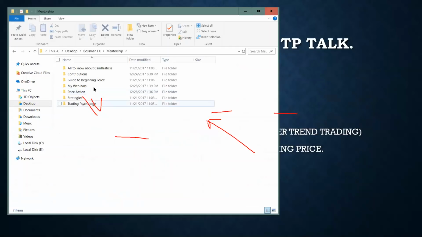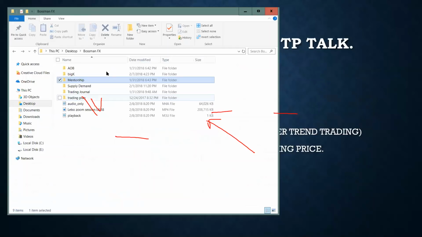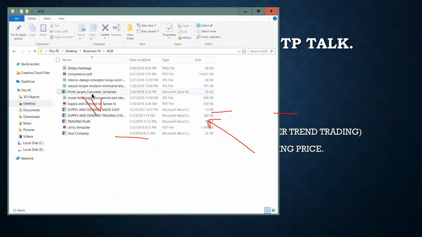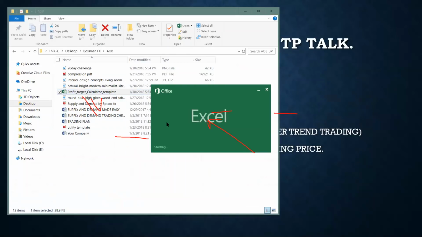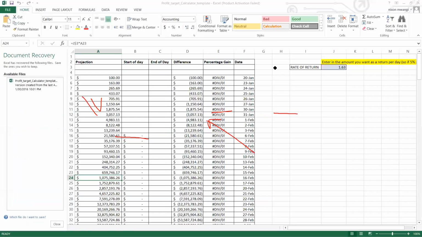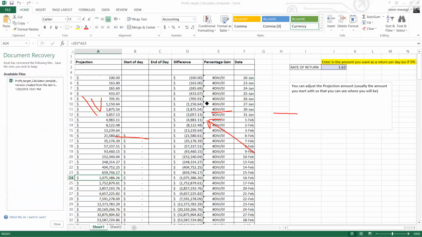I think it's here. Sorry guys, I hadn't opened it. Here it is. Okay, this is what we're going to use to explain what compounding is.